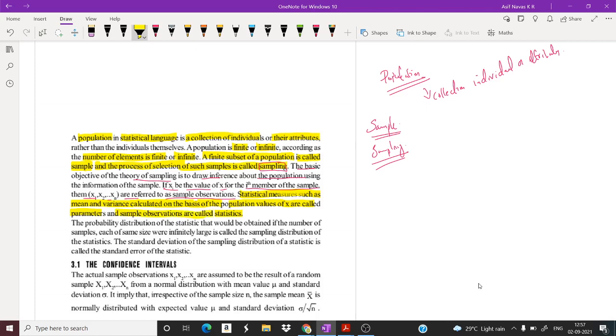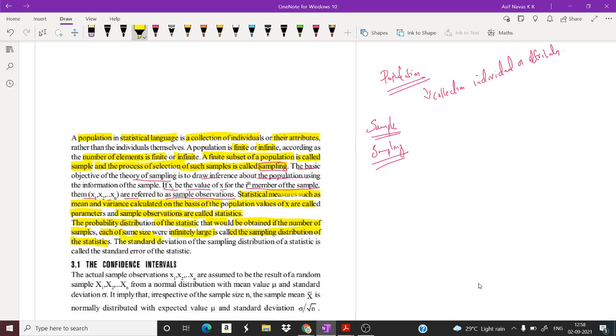Okay. So the probability distribution of a statistic that would be obtained if the number of samples, each of the same size, were infinitely large is called a sampling distribution of the statistic.